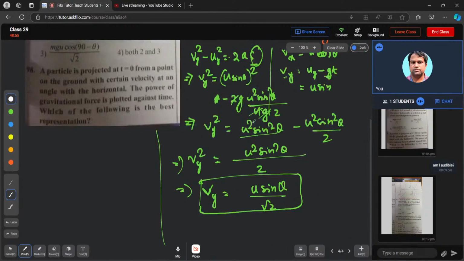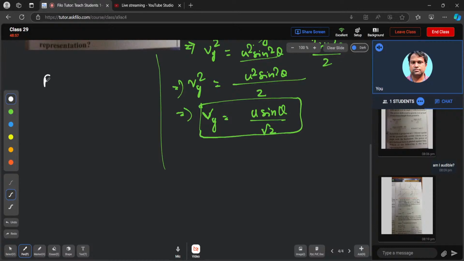So when you are making dot product to find the power, F dot v, force and velocity will take only the y component of the velocity, because the force has only a y component. But force and y component of velocity are opposite in direction, so cos 180 degree will be there.